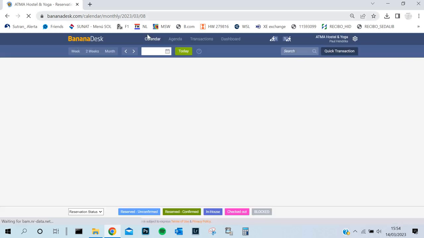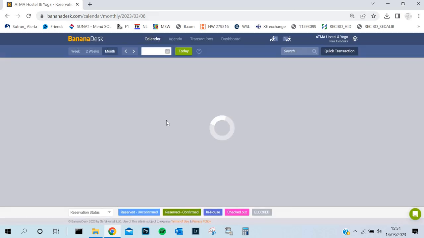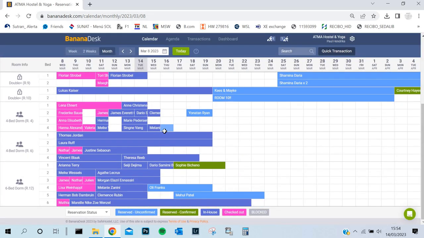I don't know why the system is not charging at the moment, but I'm just refreshing. Yeah. So I can move these people on the same line, but for example, this person here, I can move him on a different line. But I can't move him into a 6-bed dorm because this person is in a 4-bed dorm. So this person has booked a 4-bed dorm. So I cannot put him in a 6-bed dorm.